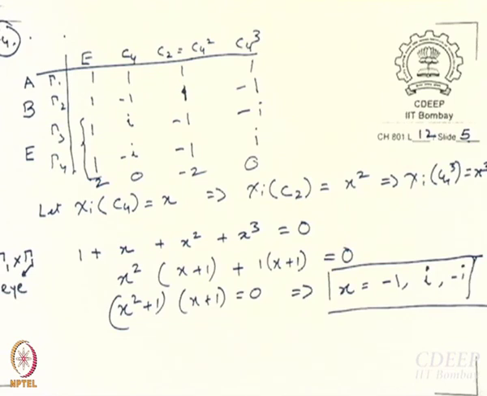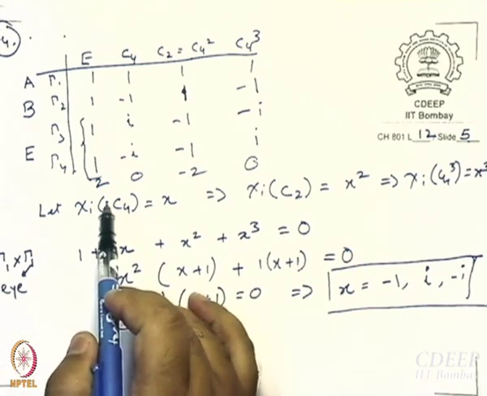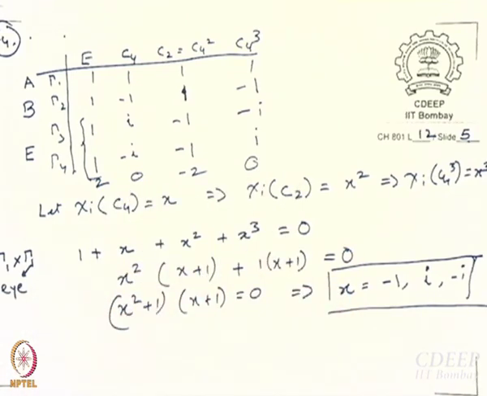Why do we like to add them up and write them together? Because that leads to elimination of the imaginary number. All right. See, in the reducible representation it is 2, 0, minus 2, 0, no imaginary number at all.